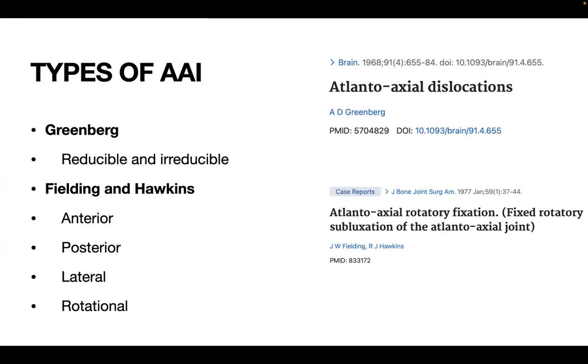Further, Fielding and Hawkins classified the atlantoaxial instability based on the direction of the dislocations. He mainly classified it into anterior, posterior, lateral, and rotational types. This is widely accepted for the clinical application of the variants of atlantoaxial instability.